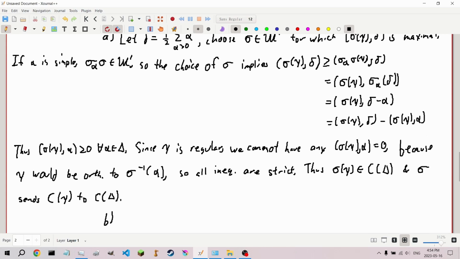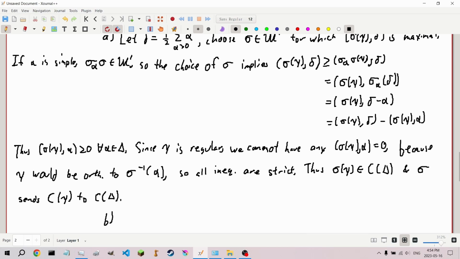Now, part B, which states that if we have a second base, Δ', there's an element of the Weyl group sending Δ' to Δ.